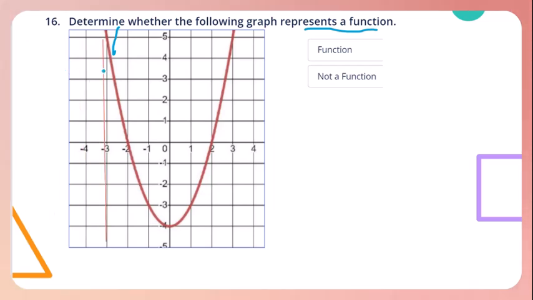All right, that's kind of a vertical line. You get the point. As I move that vertical line from left to right, it's only touching the graph at one point. So this is a function. Well, I need to get my pen back. So this is a function.